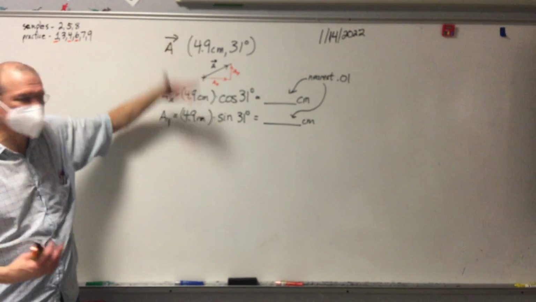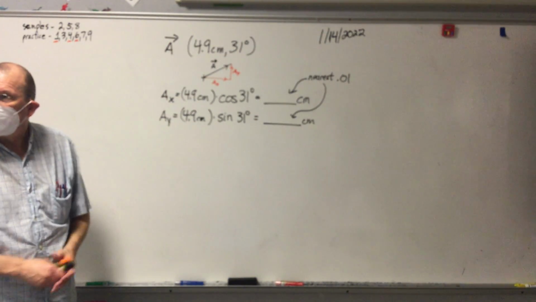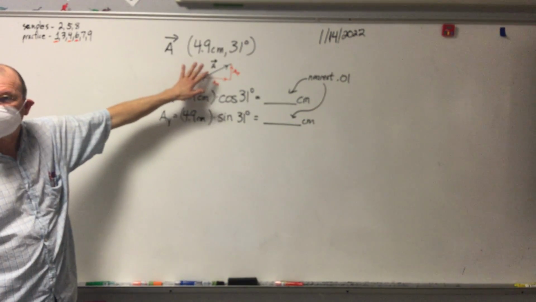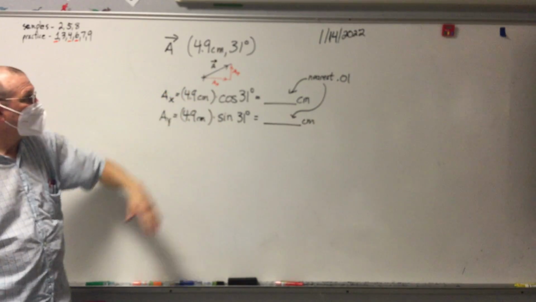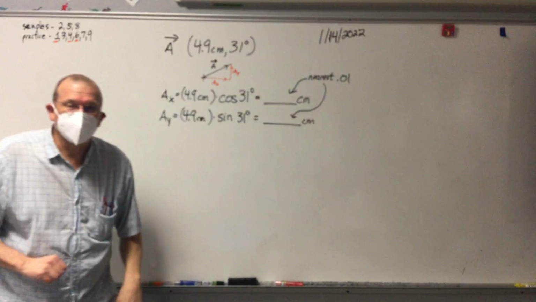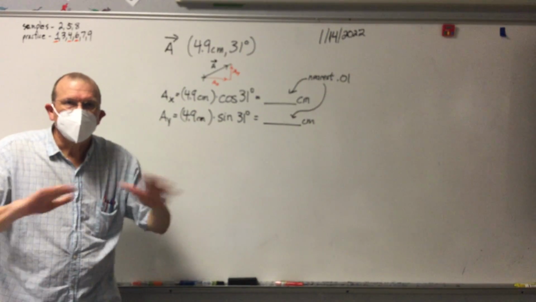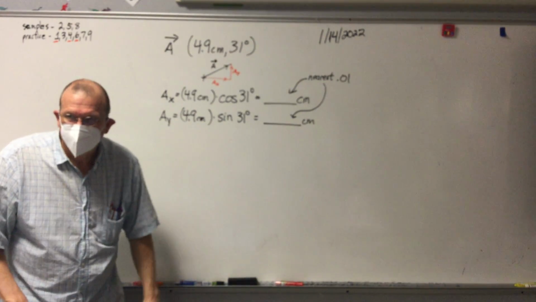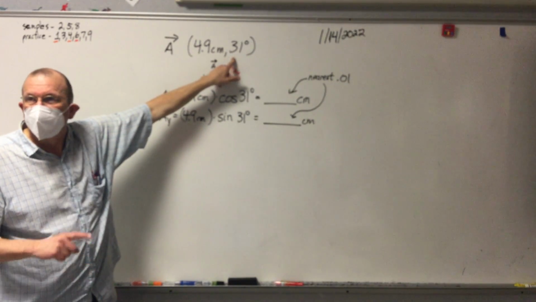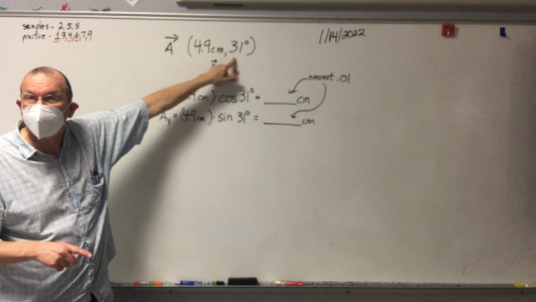You do exactly the same thing for B, but your picture might look a little different because it's going to point in a different direction. Remember, do not get into the math thing about the reference angle. Use exactly the angle that you've been given. What was the benefit you get from that?